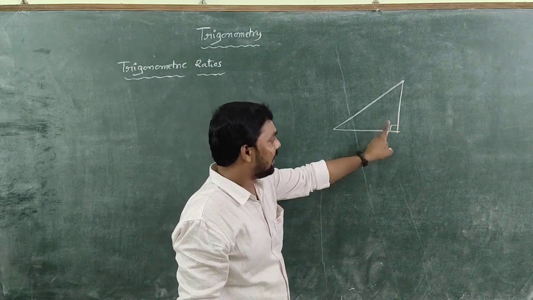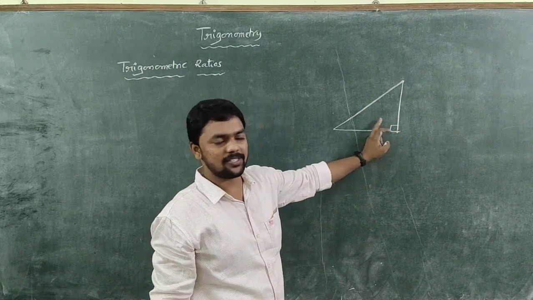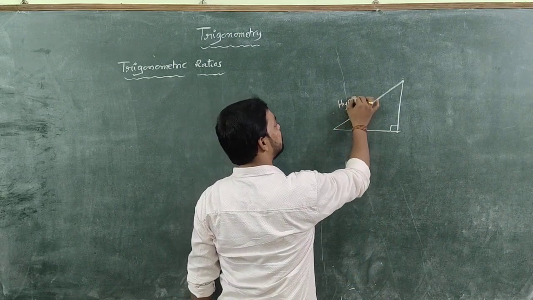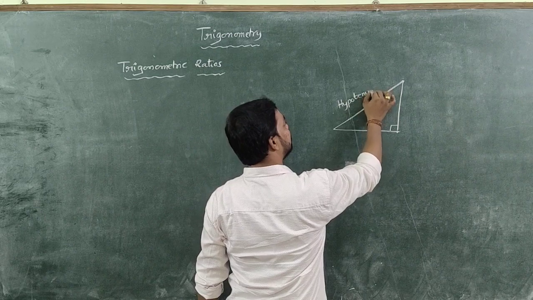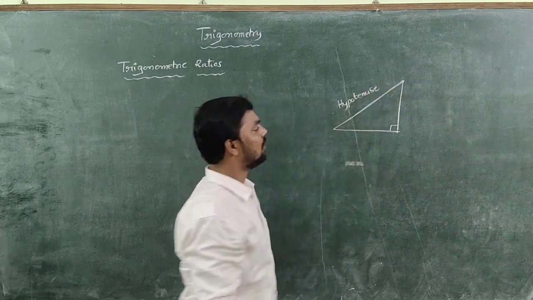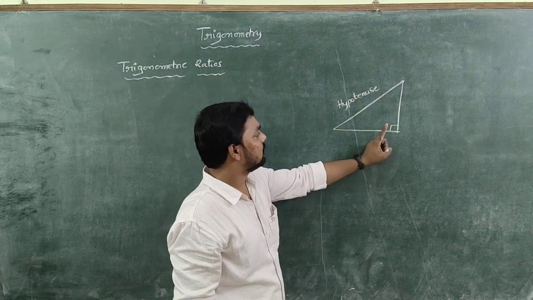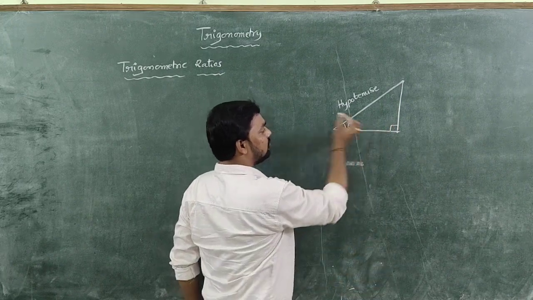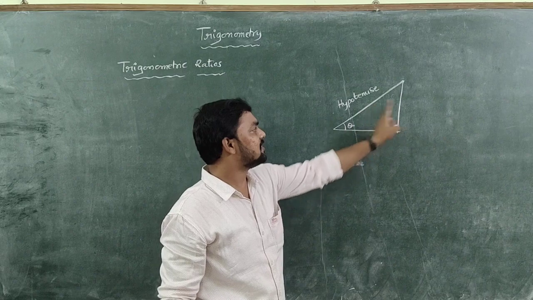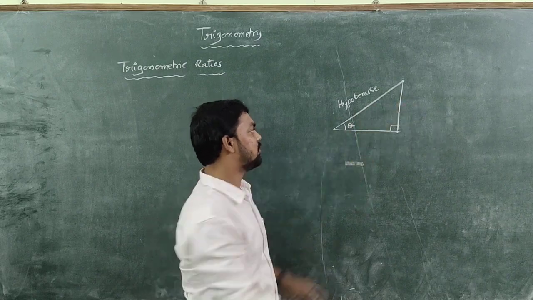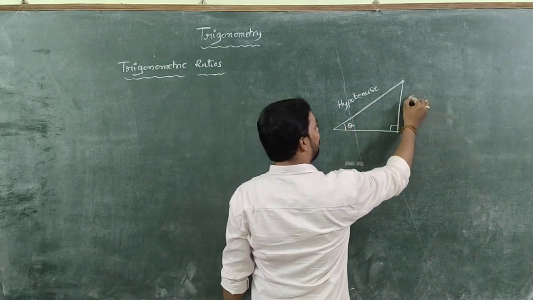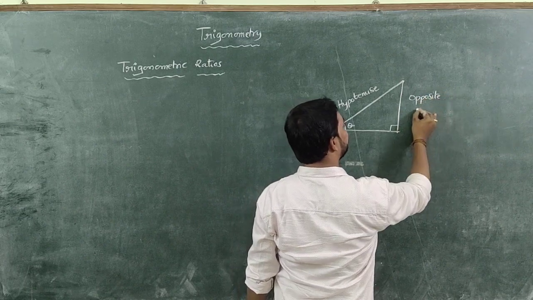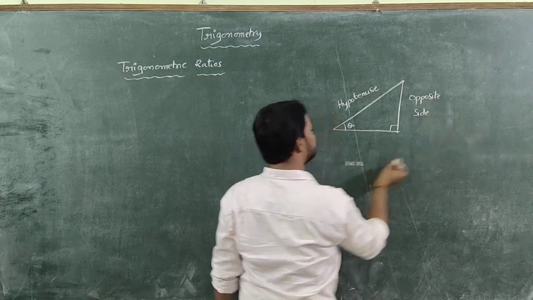The side which is opposite to the right angle is called the hypotenuse. And this is an angle. The side which is opposite to the angle is called the opposite side. And this is the adjacent side.